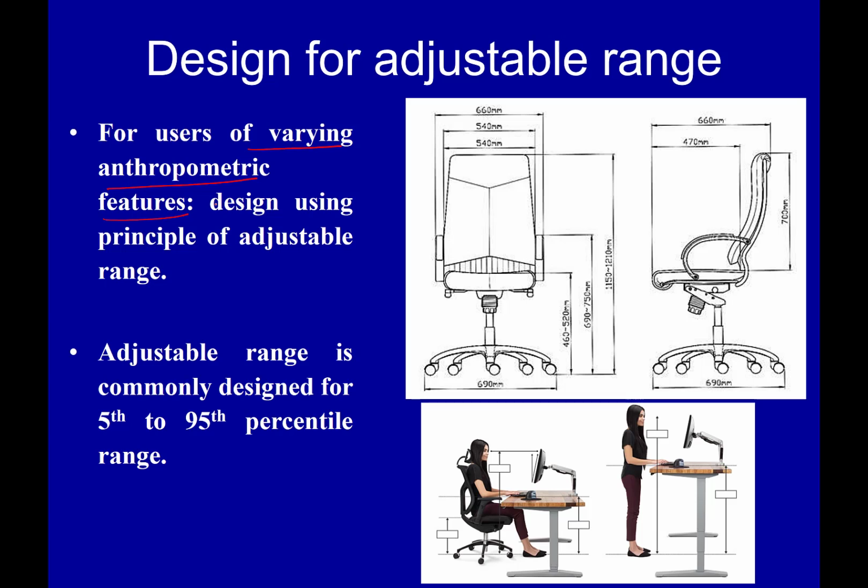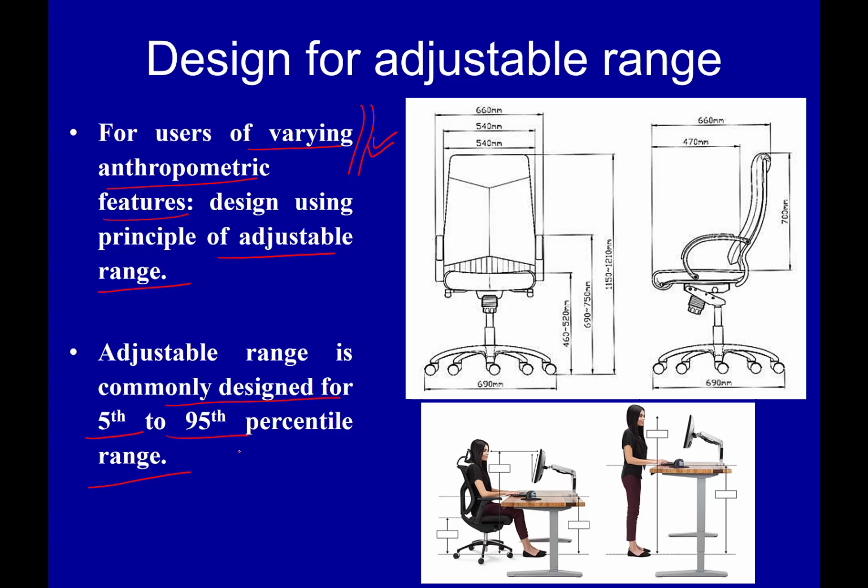So the design using the principle of adjustable range is used when the design itself incorporates the anthropometric features for a very wide range of the user group. Adjustable range is commonly designed for the 5th to 95th percentile of the range.